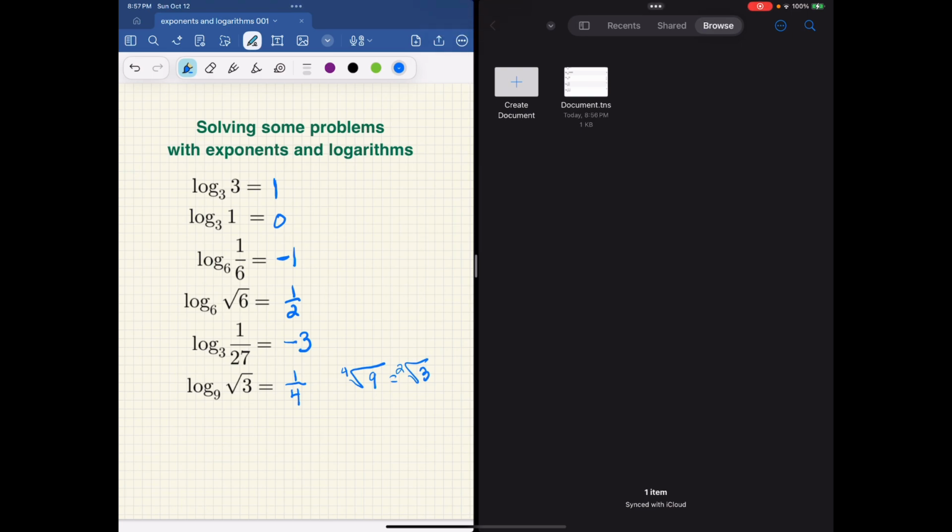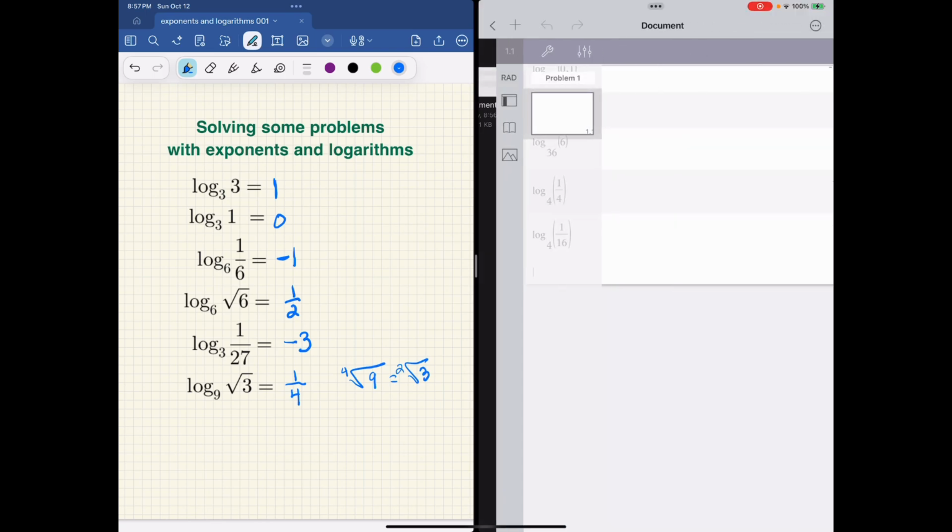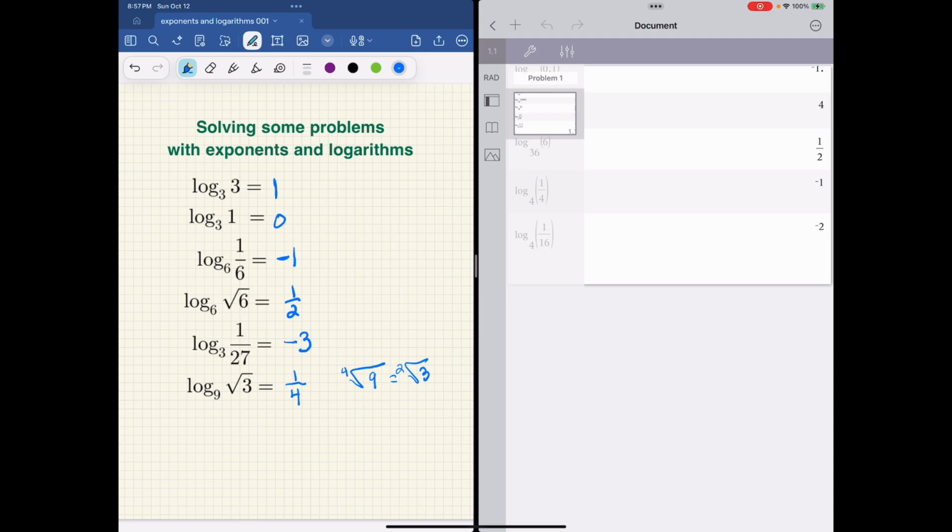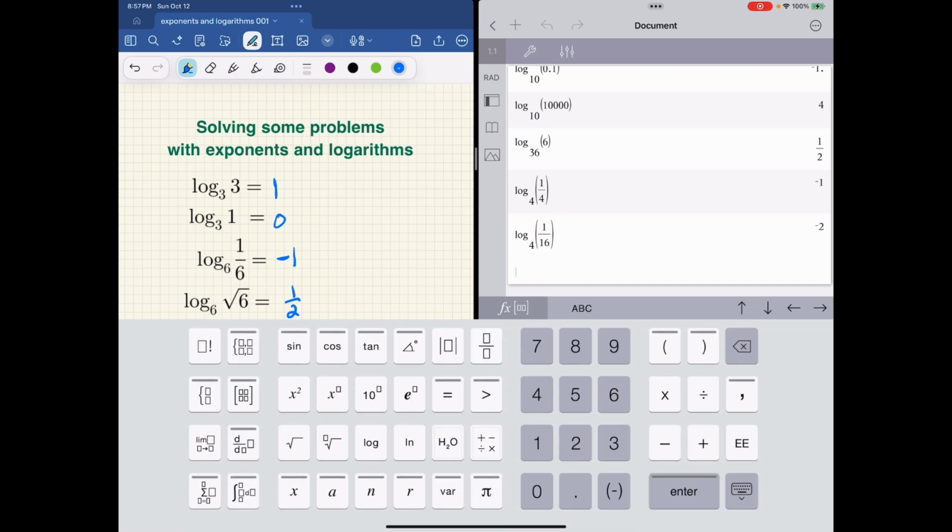Finally, we're going to check these answers in the TI-Nspire CAS calculator app. So go back to our Documents tab that has our calculator in it, and we will ask these questions. The log base 3 of 3 equals what? And we see it equals 1.